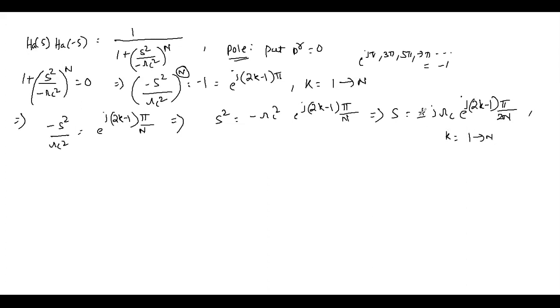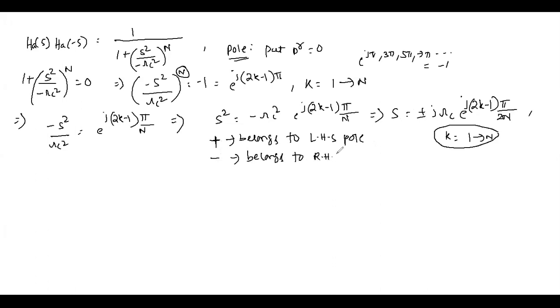Yes or not? So plus, when you take plus, then how many poles? N number of poles. When you take minus, we are getting n number of poles. Now here, plus belongs to left hand side poles, and minus belongs to right hand side poles.